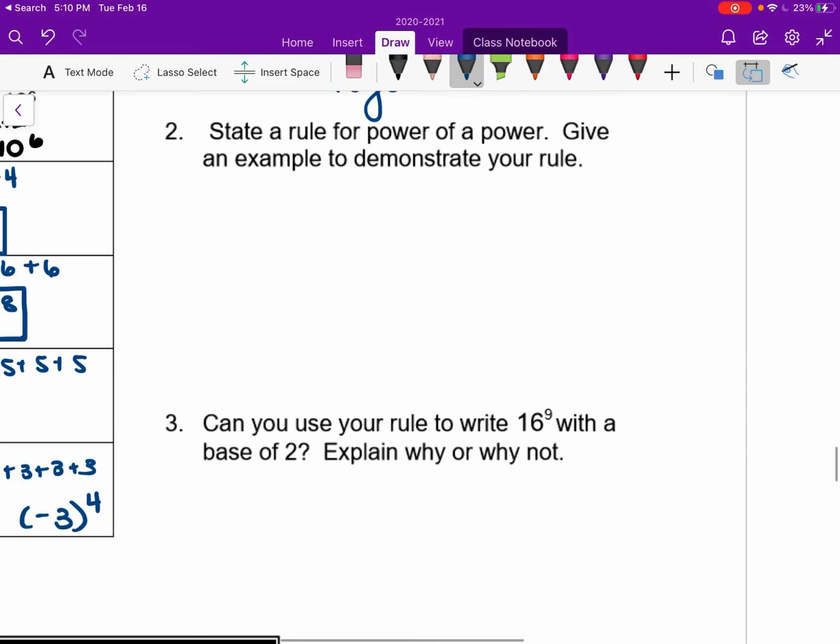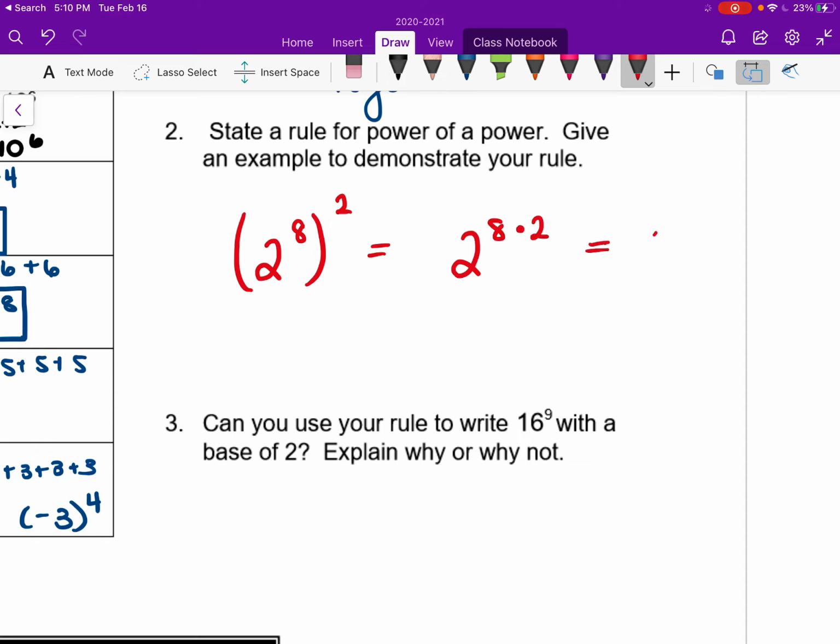So that's just going to be a rule. I'm not going to bother rewriting it. So if I have 2 to the power of 8 all to the power of 2, I can just do 8 times 2, which will give me 2 to the power of 16.